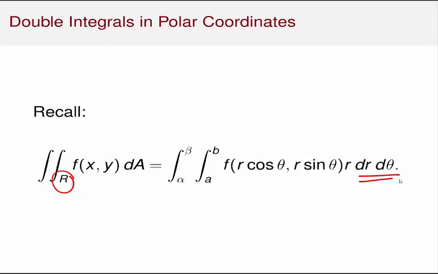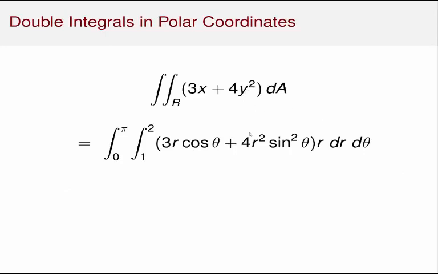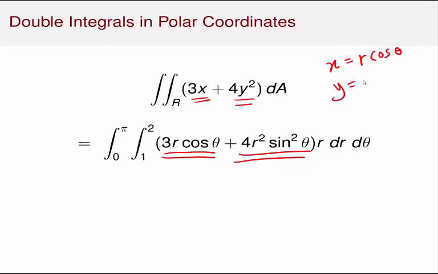Applying this to our function, we replace 3x by 3r cosine theta and 4y squared by 4 times r squared sine squared theta. So here we have replaced x and y by their representations in terms of the polar coordinates.